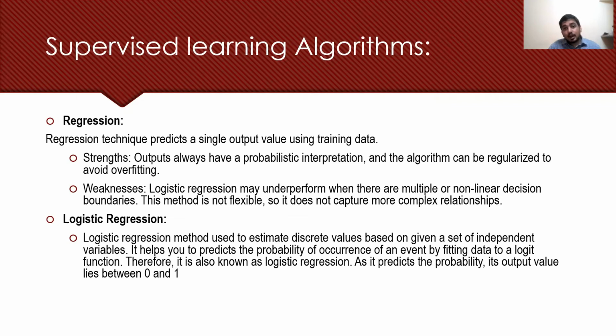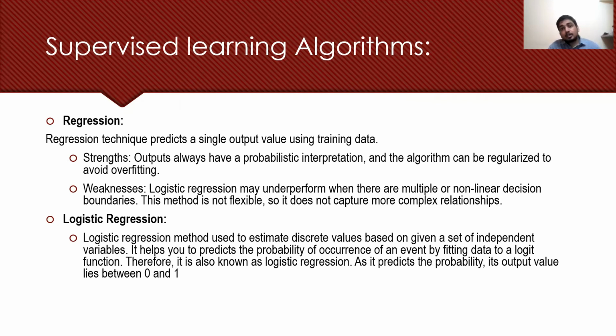So what is the strength of regression? The outputs are always a probabilistic interpretation of the algorithm. So as the outcomes are probabilistic, we can modify the algorithm to avoid overfitting, by changing some parameters like learning rate, number of epochs, etc.